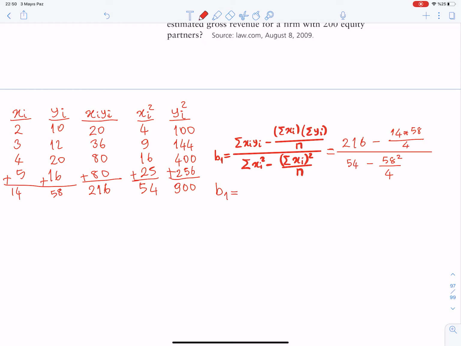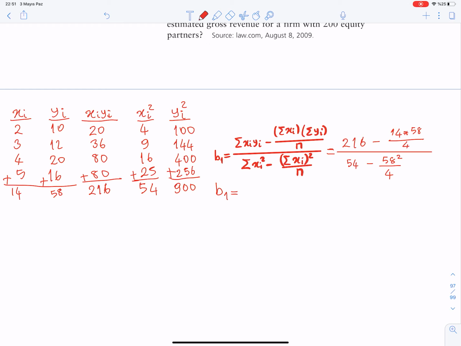B1 is 216 minus 14 times 58 divided by 4, and beneath we have 54 minus 58 square divided by 4.